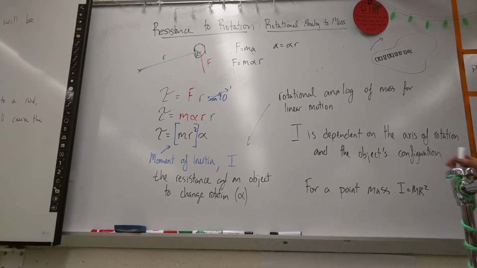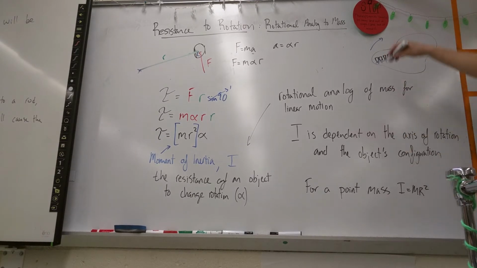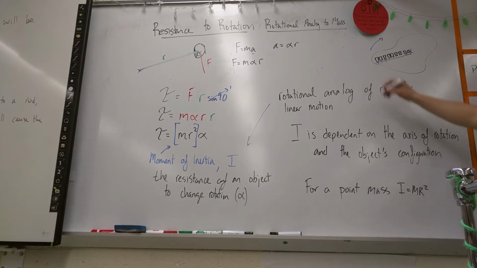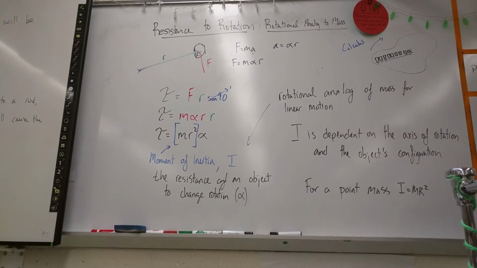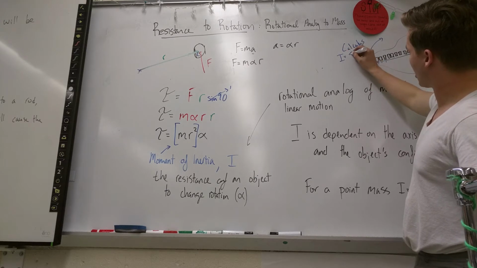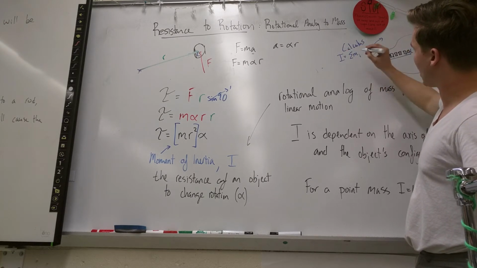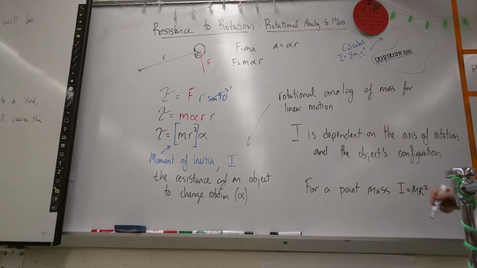I would have to look at every single piece of mass individually and consider how far away it is from the axis of rotation and add it all up to figure out an I for this specific object. And that involves calculus, and we don't really touch on that. So to get a true expression for the I of any object, you would need to add up the mass times the radius squared of each individual piece to get an I for that body.